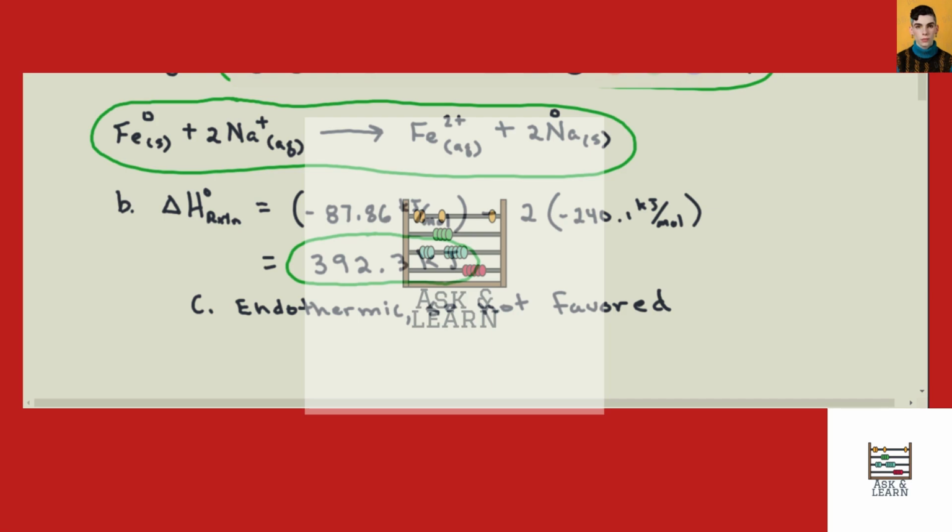And for part D, the activity series supports this, because sodium is actually higher than iron.